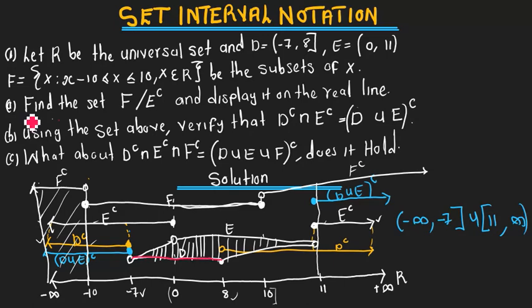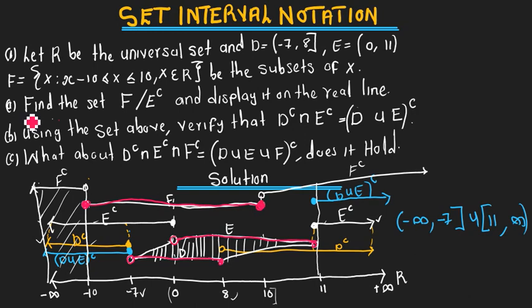This is set D, this is set E, this is set F. First of all, we find the union of everything.